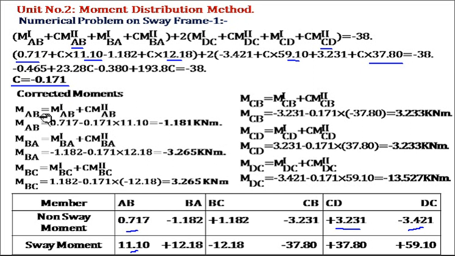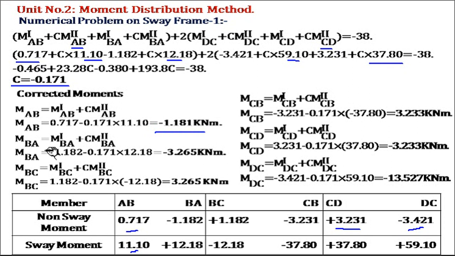Now the non-sway moment in member AB is 0.717, the value of C is minus 0.171 and the sway moment in member AB is 11.10. So if you put the values and solve this, the corrected moment in member AB is minus 1.181 kilonewton meter.